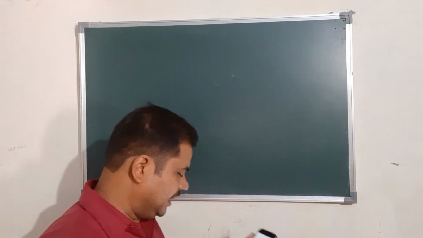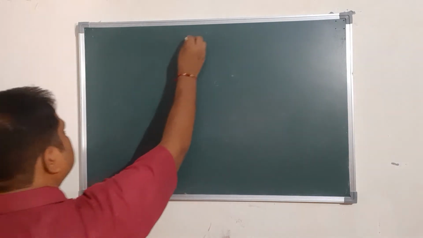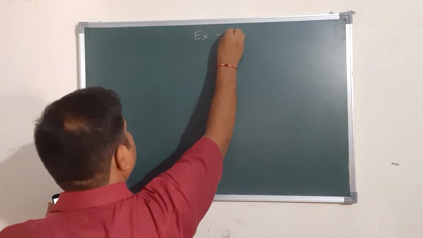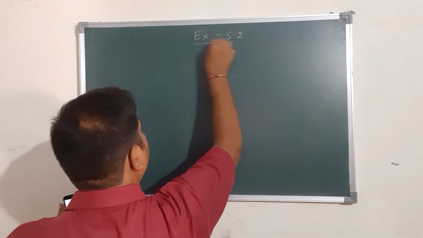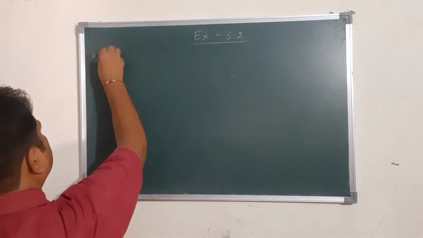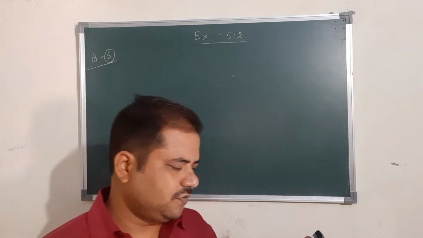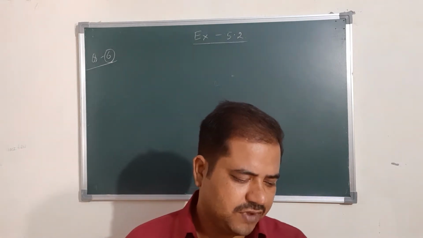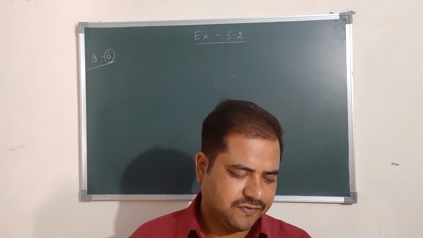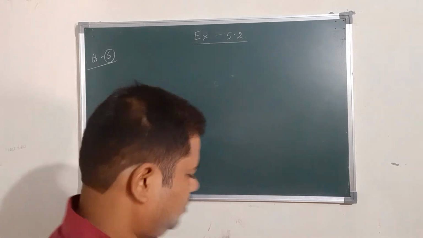So, first question is exercise 5.2, question number 6. Is minus 150 a term of the AP 11, 8, 5, dot dot dot?